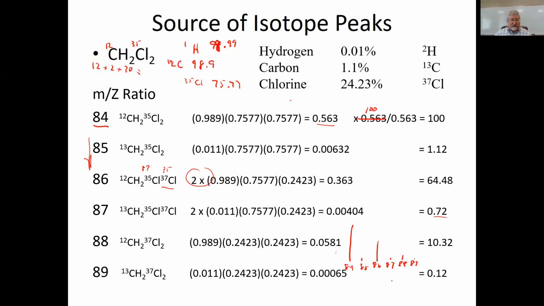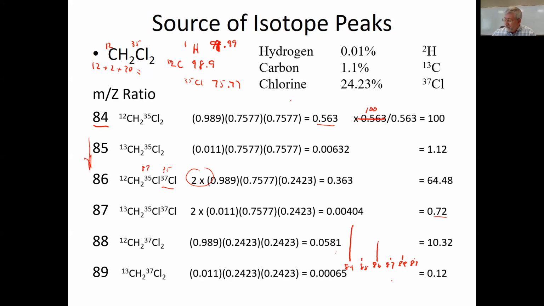And when you look at this chart, there's also another table right here that shows you what relative sizes you would expect to see for one chlorine, two chlorines, three chlorines.